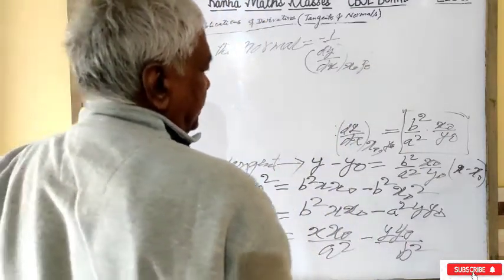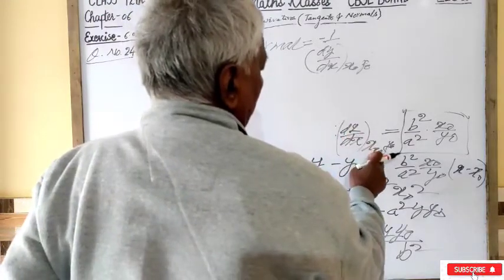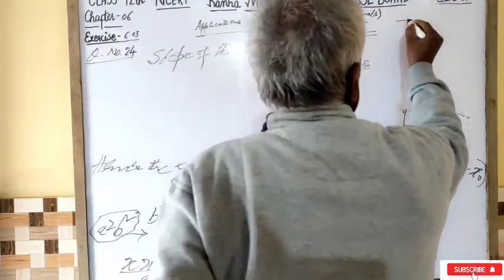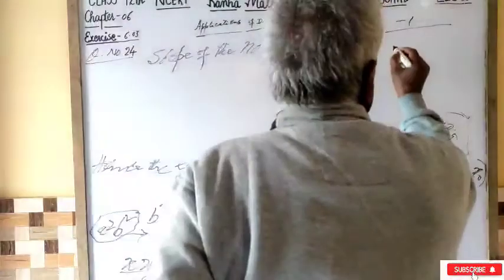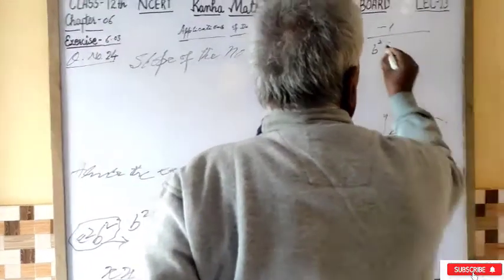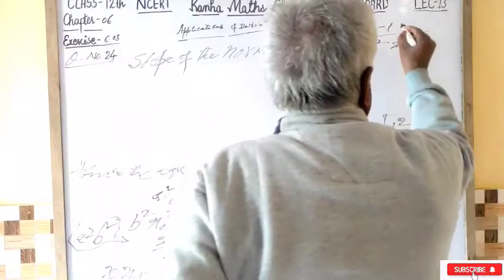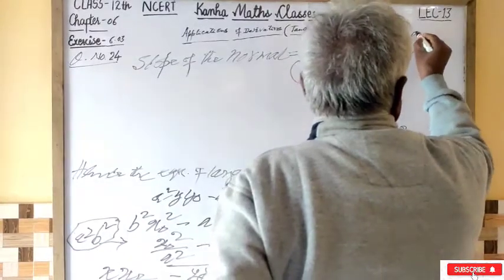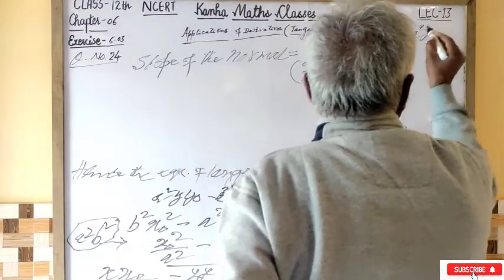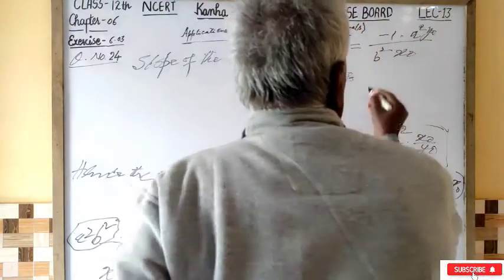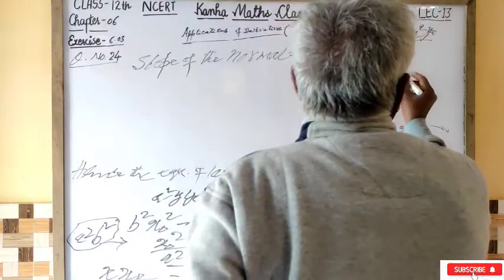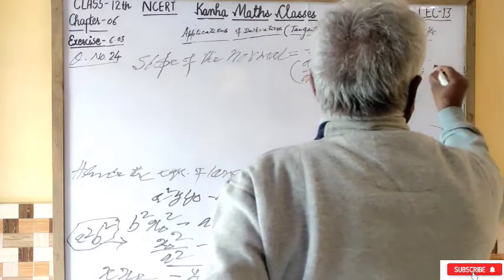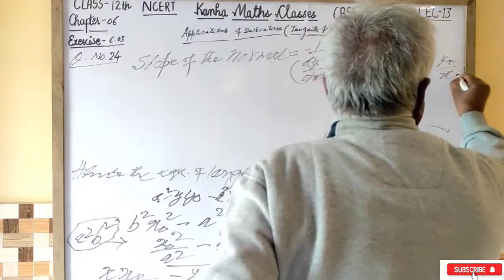Since you have already found the value of dy by dx at x0, y0, this will become minus 1 upon b square x0 in the denominator and a square y0 in the numerator, that is equal to minus a square upon b square into y0 upon x0.